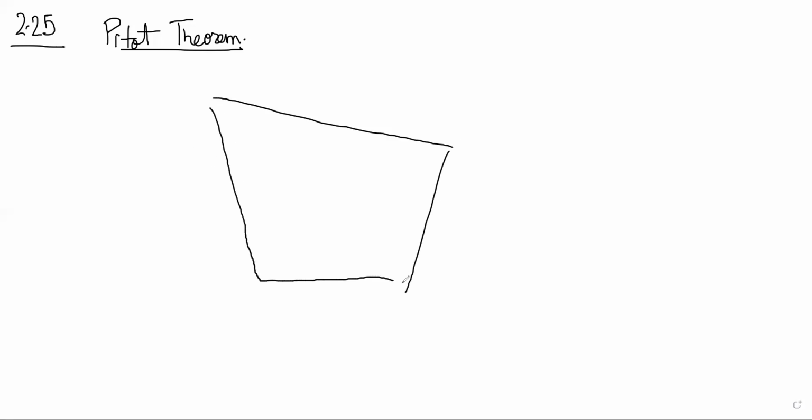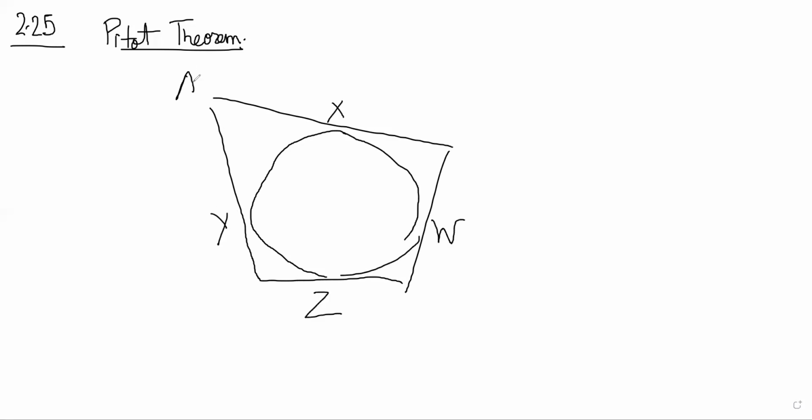You can just say, okay, I have an inscribed circle like this, and label the points. And then you can just say AX equals AY, and the rest like this, right? Yeah. And after that, the theorem is obvious.